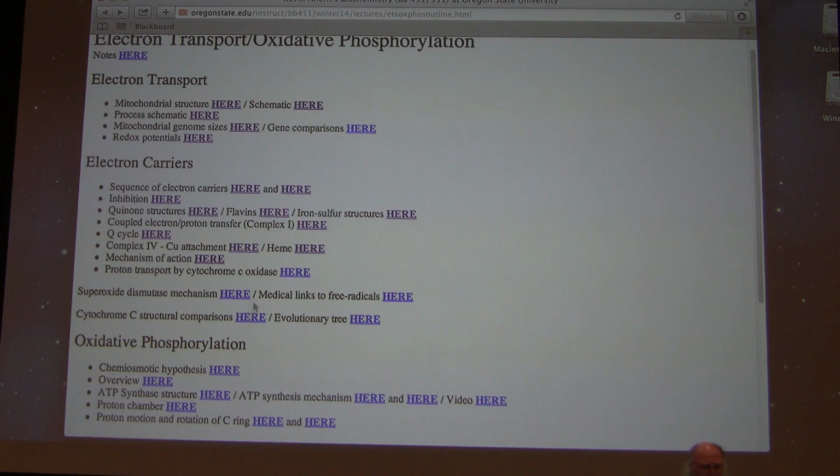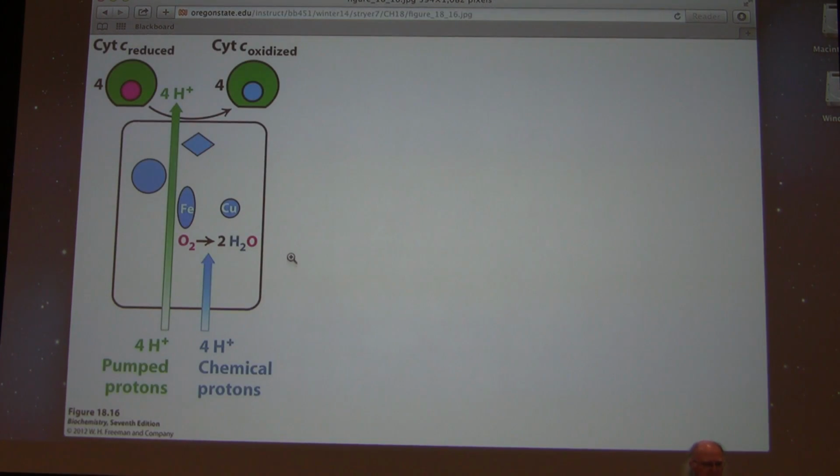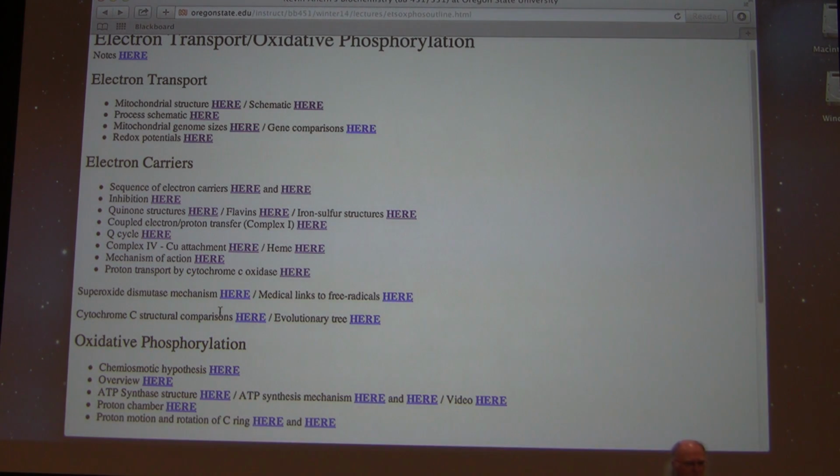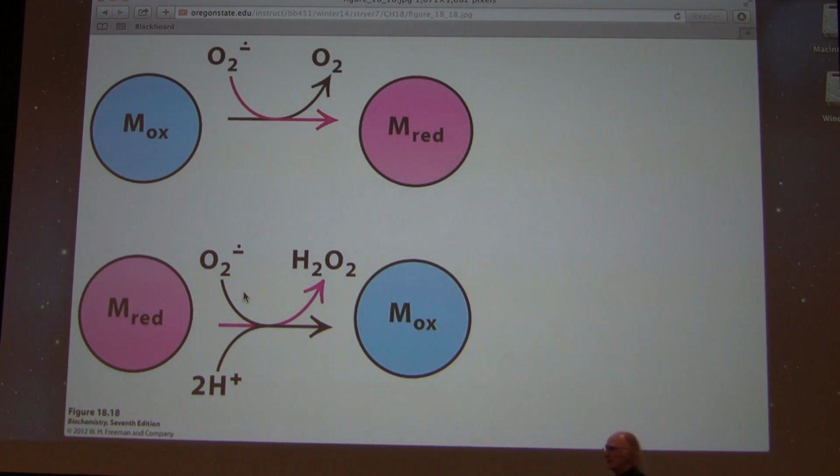Okay. All right. That's the overall process. We don't need to worry too much about that. The reactive oxygen species that I talked about lead us to a very interesting enzyme called superoxide dismutase. It's a very important enzyme. We find it in virtually every living cell, which tells us it's very important.